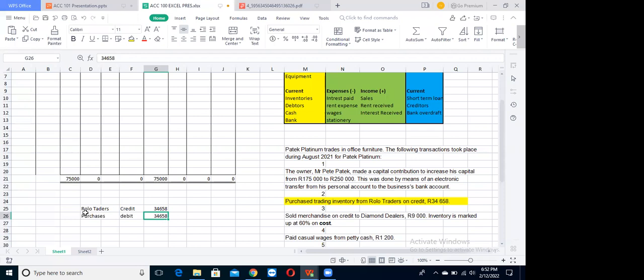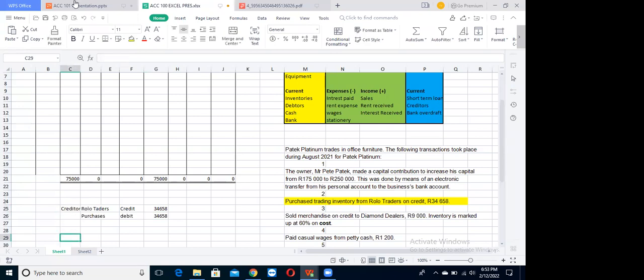But before we do that, when we buy goods on credit, we create what we call trade payables. So instead of writing Rollo Traders, you can opt to write trade payables, or using the examples that I gave you, we create what we call creditors.